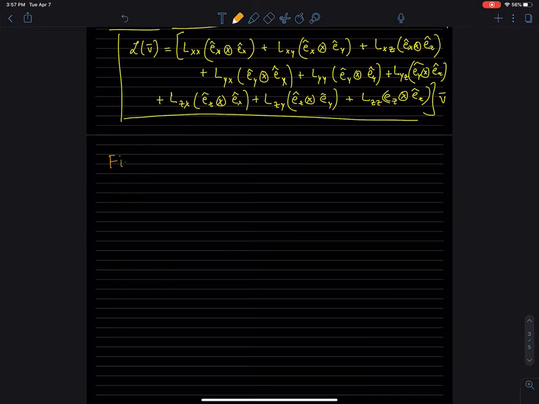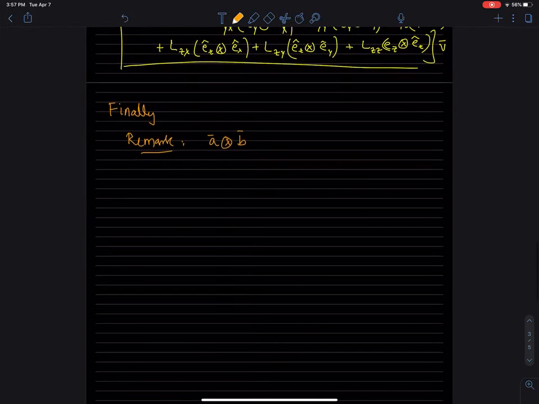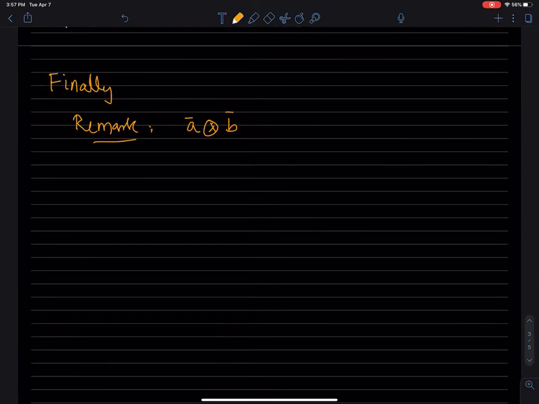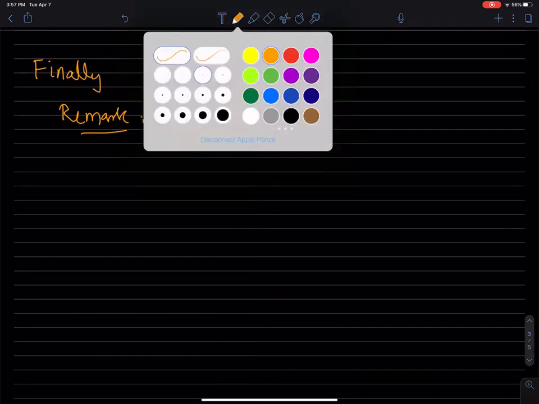Finally, I just wanted to make a remark about the dyad A outer product B. So what is its matrix representation?